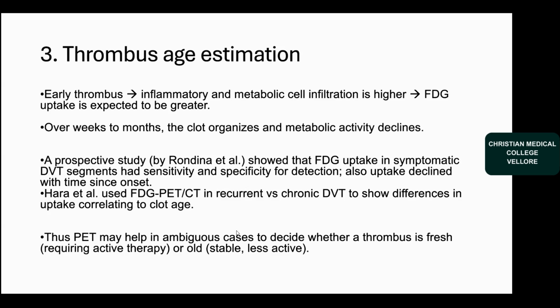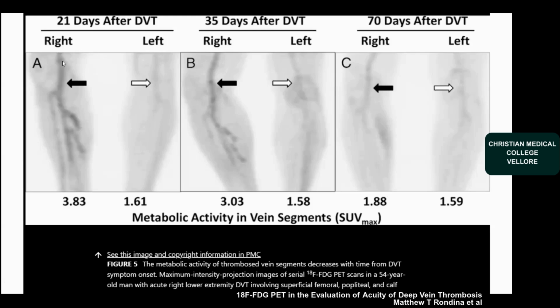And if it's a chronic DVT, the uptake was reduced. Thus we can use it to differentiate if it's a fresh thrombus requiring active therapy or an old stable clot.